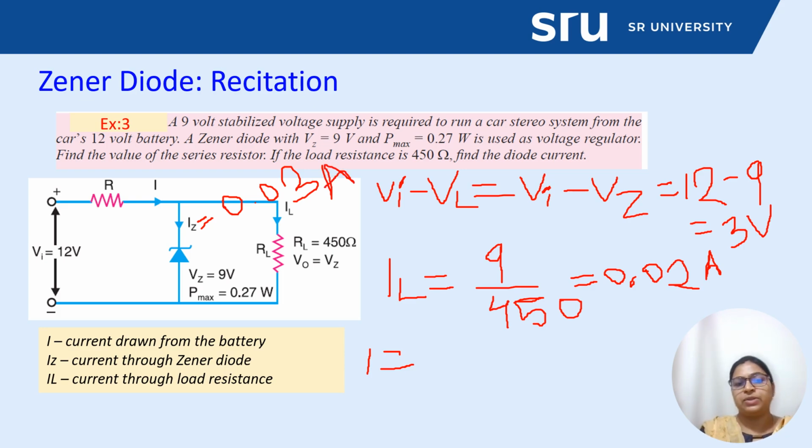So now the total current I will be Iz plus IL. If we sum 0.02 plus 0.03 amps, this will be 0.05 amps.